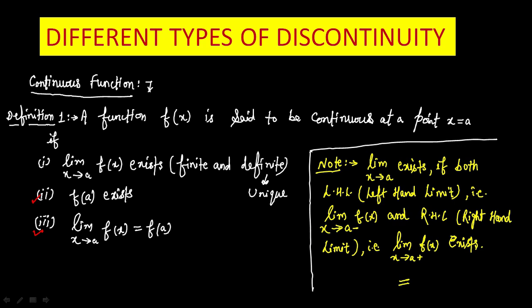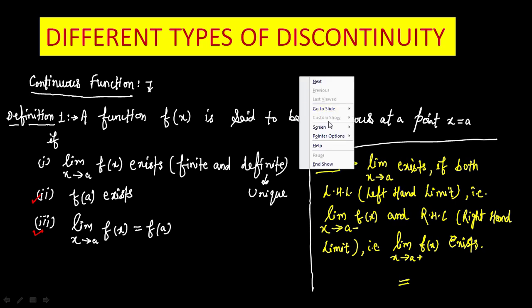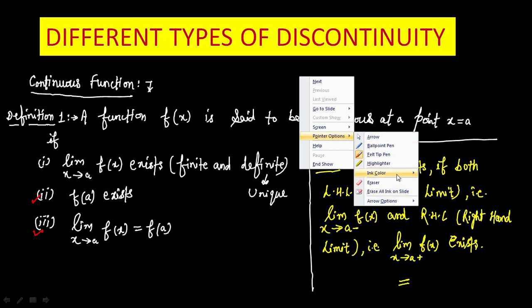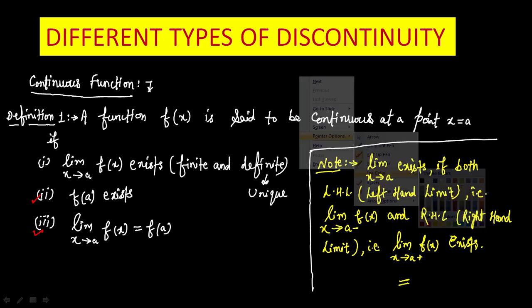Look at this note: limit x approaching a exists if both LHL, that is limit x approaching a minus of f(x), and RHL, limit x approaching a plus of f(x), exist, and LHL is equal to RHL.